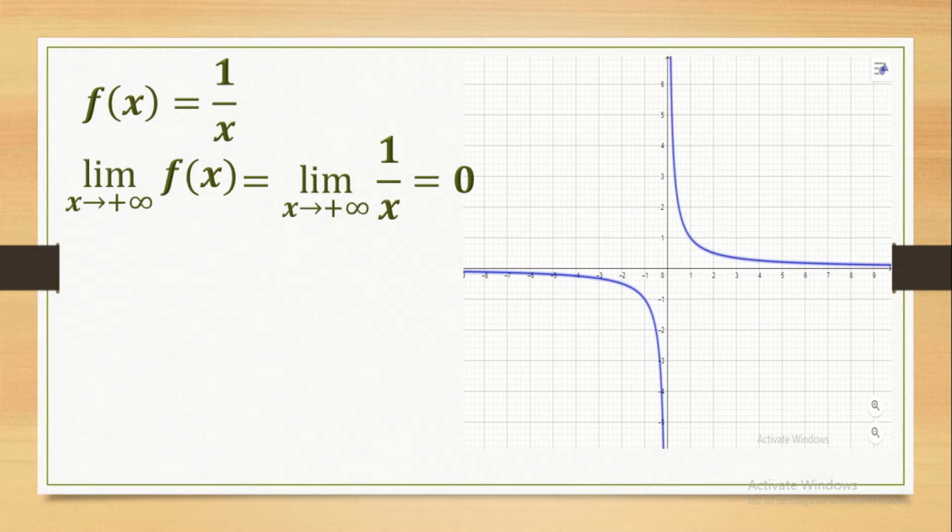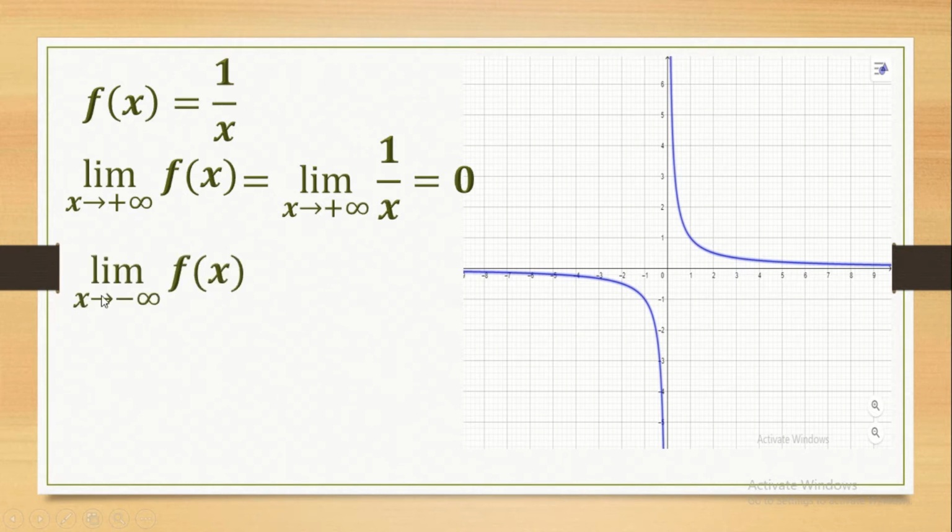If x is 1000, then 1 over x will be 0.001. Also here 1 over x is approximately 0. So the more x increases and x tends to plus infinity, then f of x, which is 1 over x, will tend to 0. Here we say that limit for f of x at plus infinity is 0.